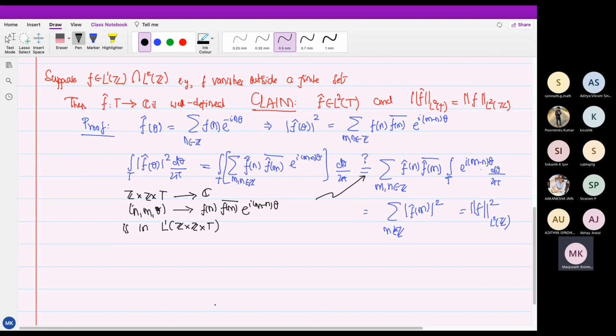Why is that? You just take the absolute value and sum. What is the integral here? It's the product thing, which means the sum over m in Z, the sum over n in Z, and then the integral over T with respect to d theta over 2 pi of the absolute value of this thing.